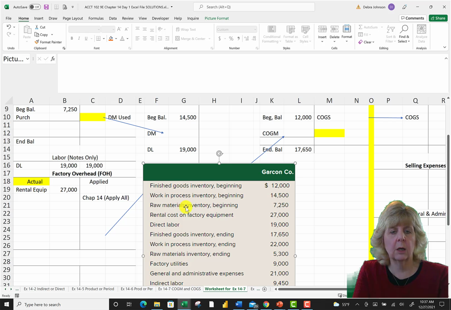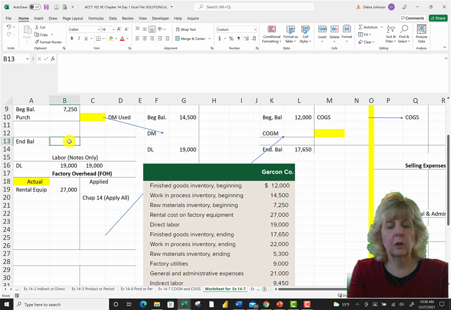It's behind my list of accounts here. So now I think we're right here. The raw materials ending balance is $5,300. That means when we were done with this period's worth of activity, we still had $5,300 of raw materials hanging around in that account.